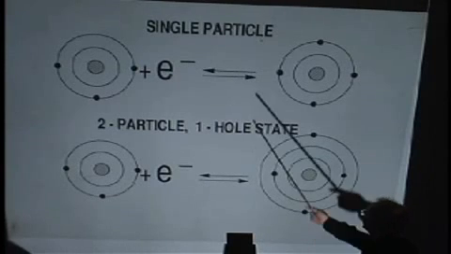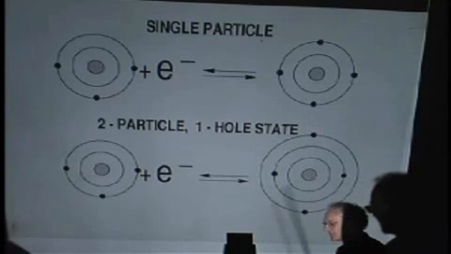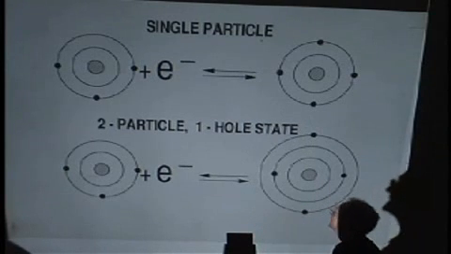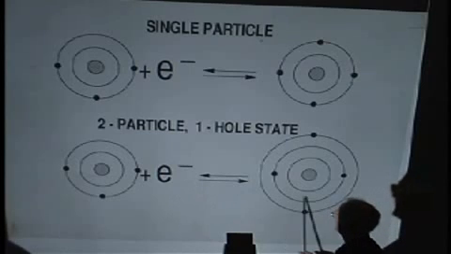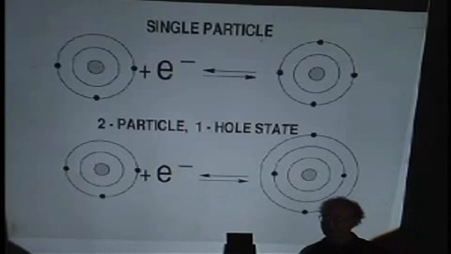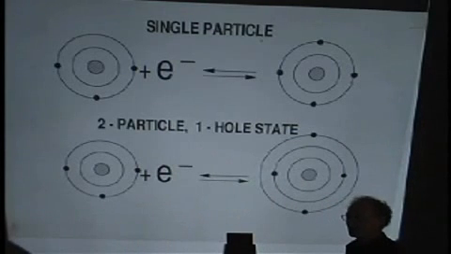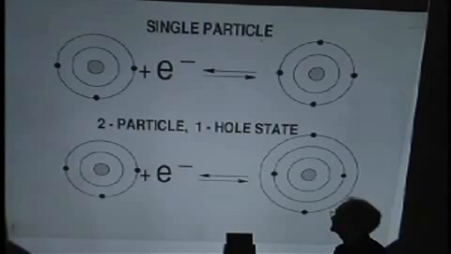And you have a single-particle state if it just does that, and you have a two-particle, one-hole state if it involves electronic excitation. This is also called a core-excited resonance or Feshbach resonance.